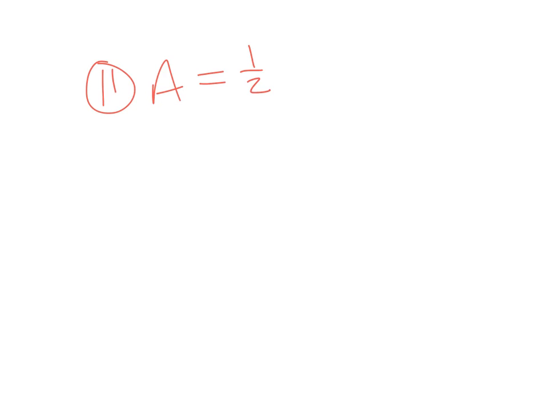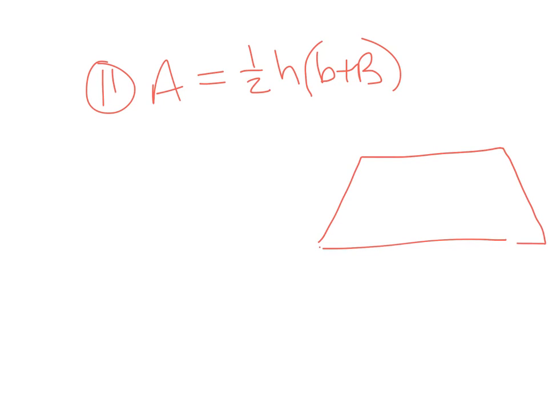Okay, so let me tell it to you. The area of a trapezoid is 1/2 of the height times little b plus big B. And let me show you why. Here's my trapezoid. Everybody see that? Yeah.